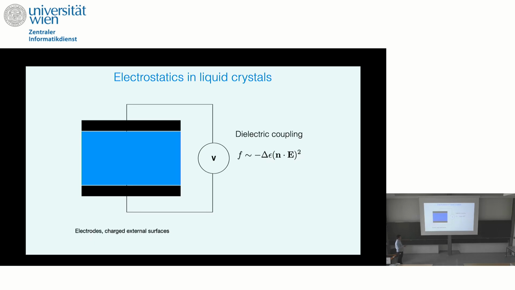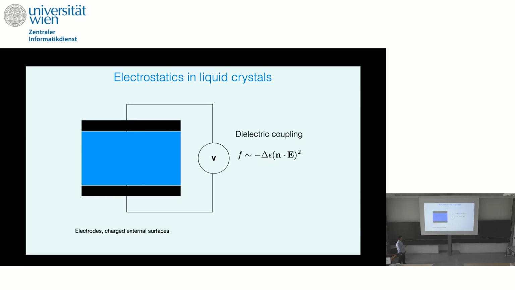So one of them is the dielectric coupling. The dielectric coupling basically emerges because in a liquid crystal you don't have just a dielectric constant, but you have a dielectric tensor, because there's a net alignment of the medium. So you get an anisotropy also in the dielectric properties.